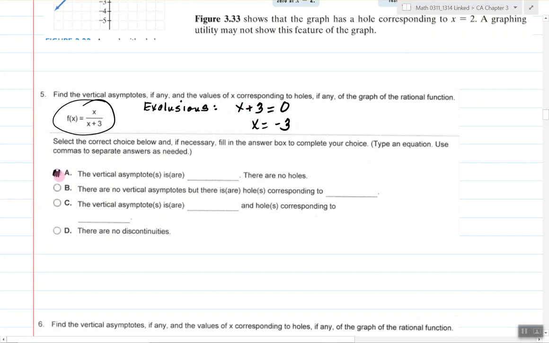So this is a vertical asymptote at x equals negative 3. It is a vertical line, so do not write it as just negative 3, but instead write it as the equation of a line, x equals negative 3. And there are no holes.